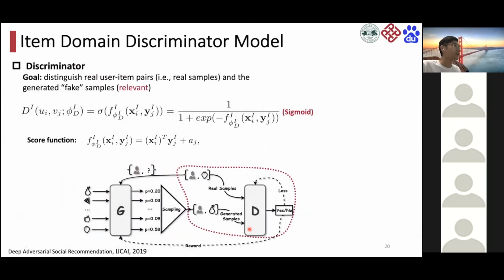The discriminator in the item domain is used to distinguish the real user-item pair from the fake user-item pair generated by the generator. That means the discriminator aims to distinguish whether the user-item pair is related. Actually, this is a binary classification.